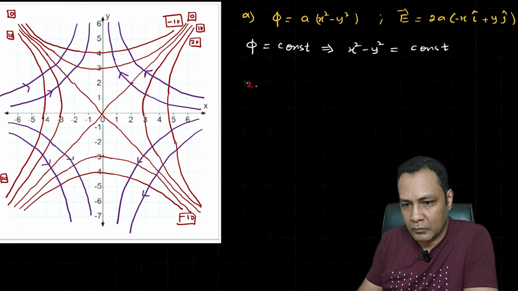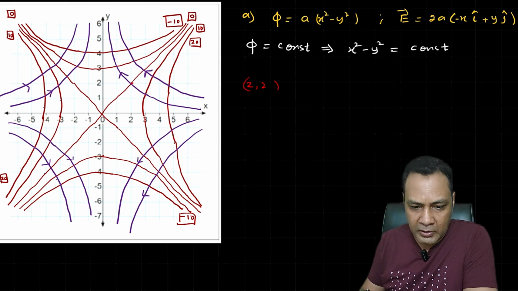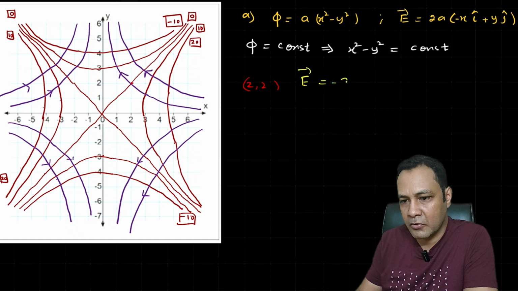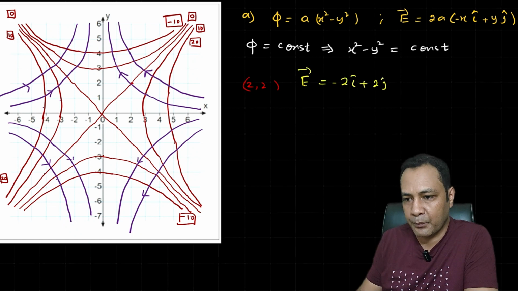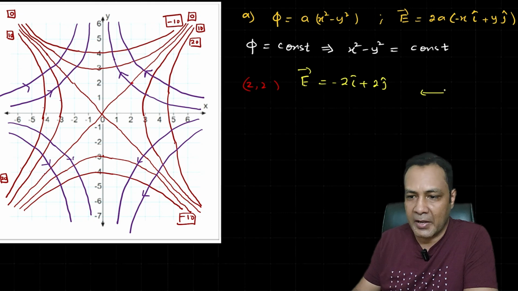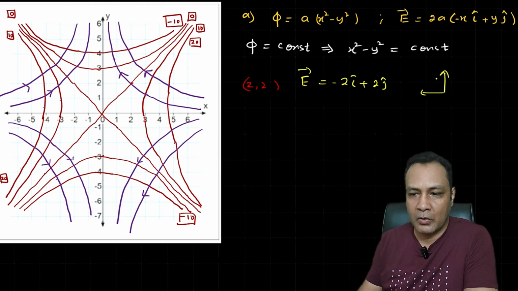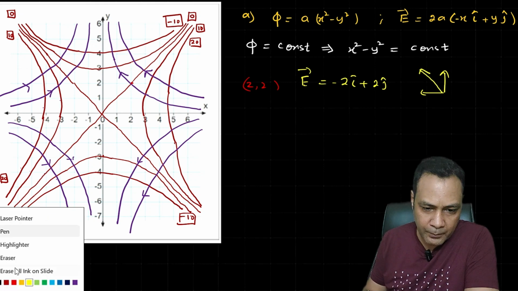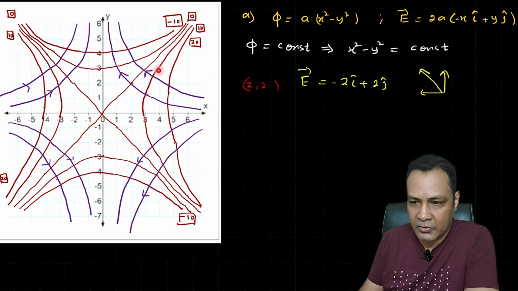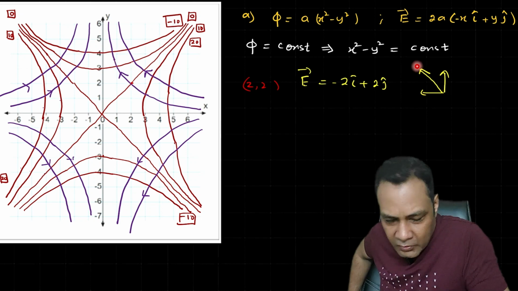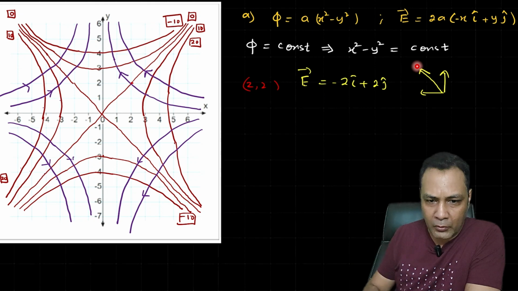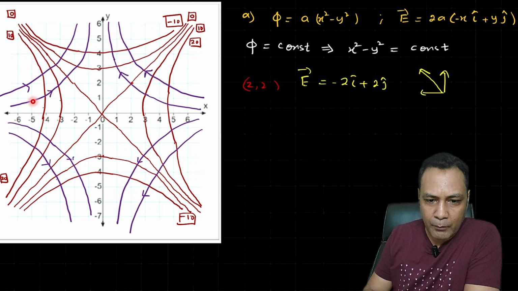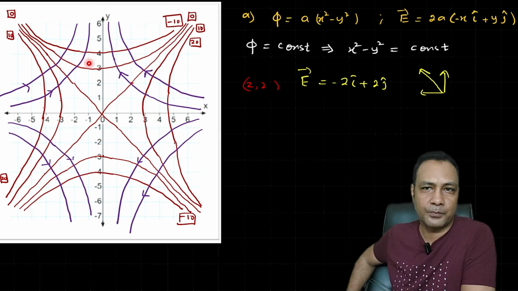At 2, 2, the electric field would be minus 2 i cap plus 2 j cap. This is the x component, this is the y component. So the electric field tangent would be like this, and isn't it looking like that? So the tangent here is along this direction. The same way you can check all other points. So basically we have now plotted: the dark red lines are the equipotential surfaces, and the purple lines are the electric lines of force.